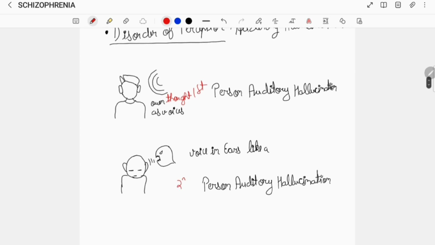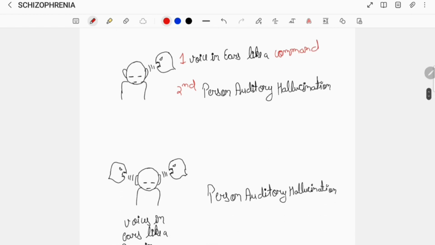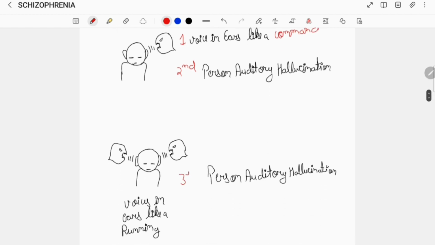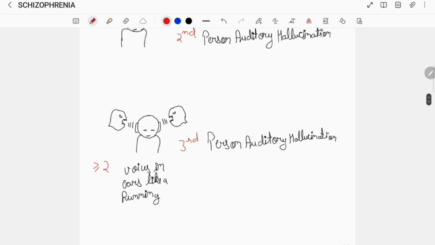Second, second-person auditory hallucinations, wherein the individual hears one voice in the ear like a command. And third, third-person auditory hallucinations, wherein the individual hears two or more voices in the ears like a running commentary.